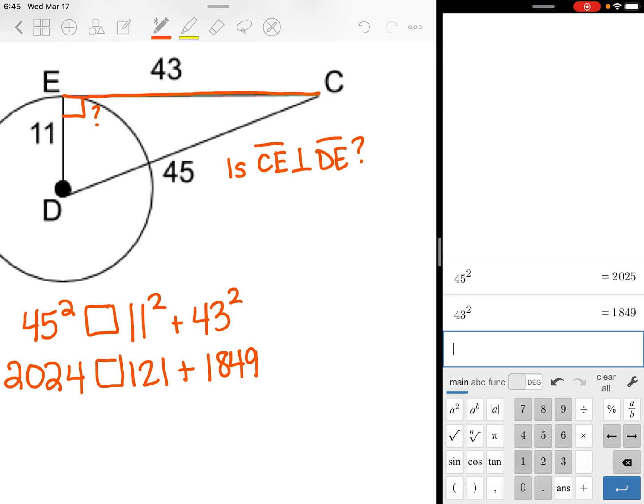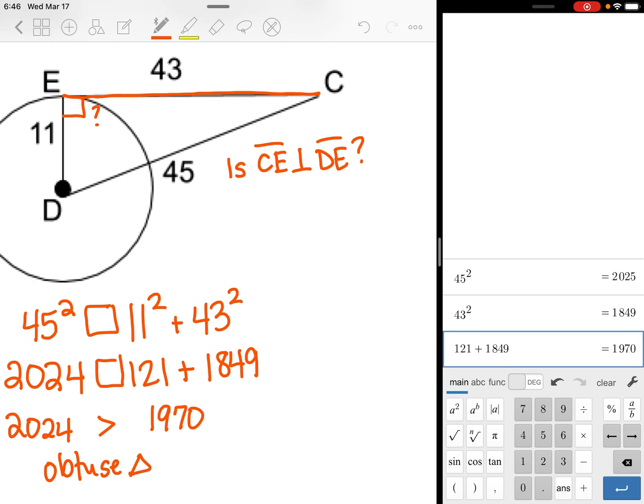So I'm going to do 121 plus 1,849, and I get 1,970. So 2,025 is greater than that, and therefore this is not a right triangle. By classification, this is going to be an obtuse triangle, but it's definitely not a right triangle.